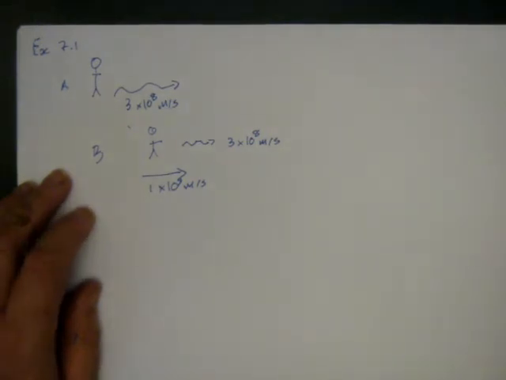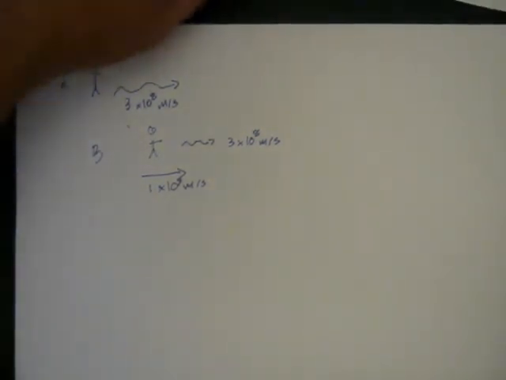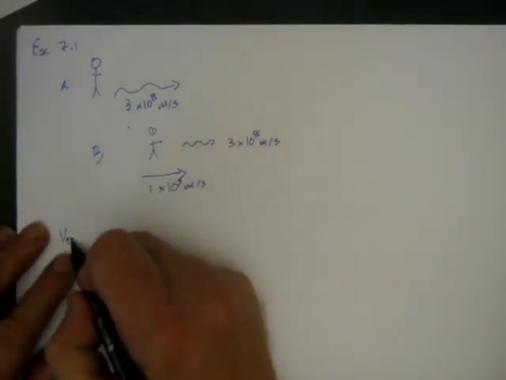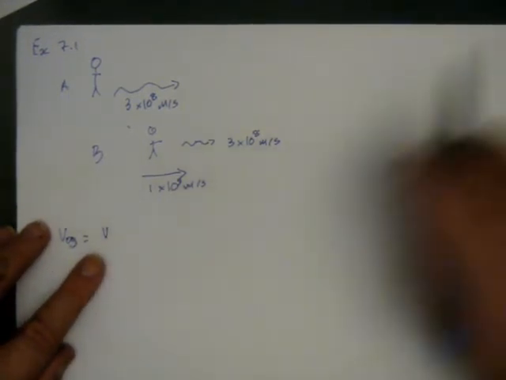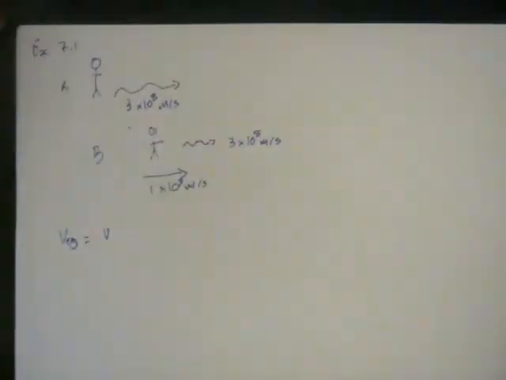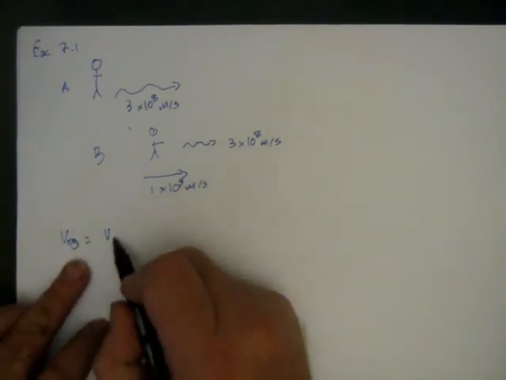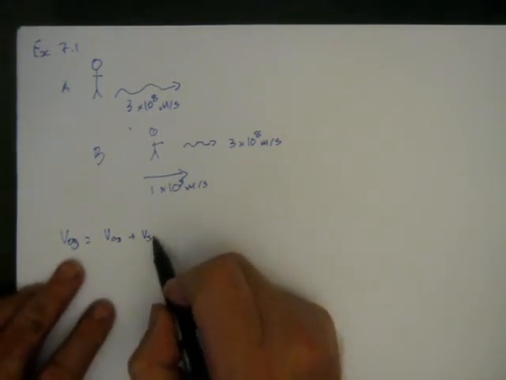So according to the classic stuff that we've been doing earlier, remember what we were saying before about velocities, the velocity of the observer to the ground equals the velocity of the observer to the system plus the velocity of the system to the ground.